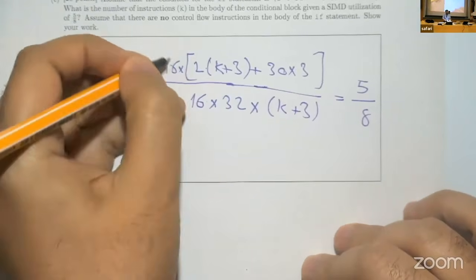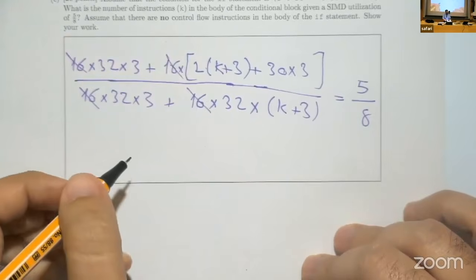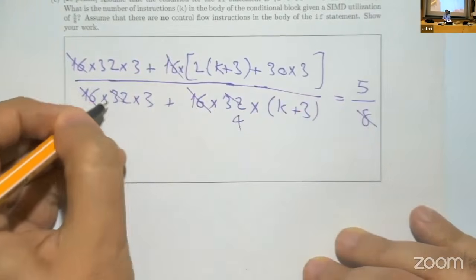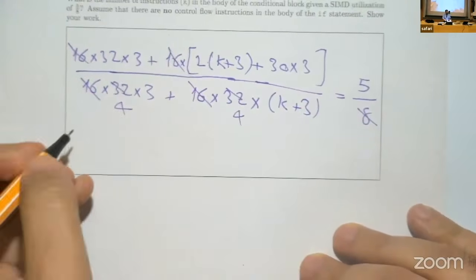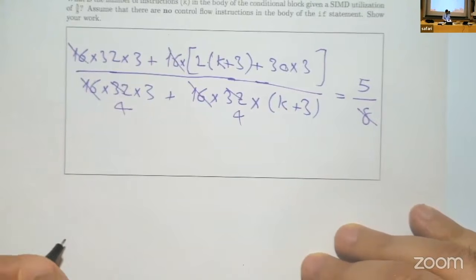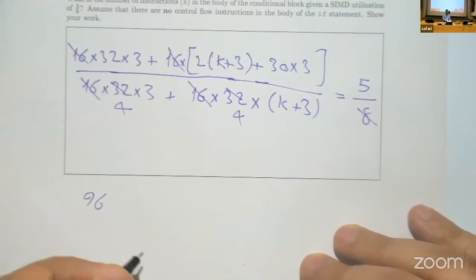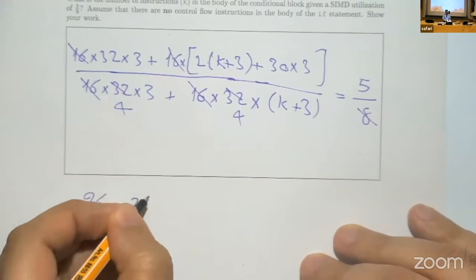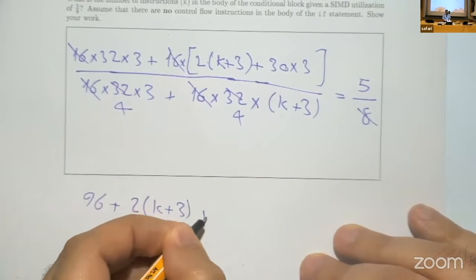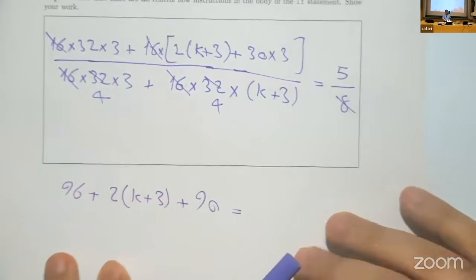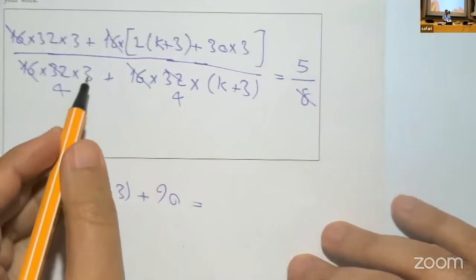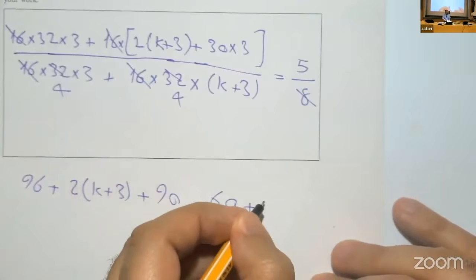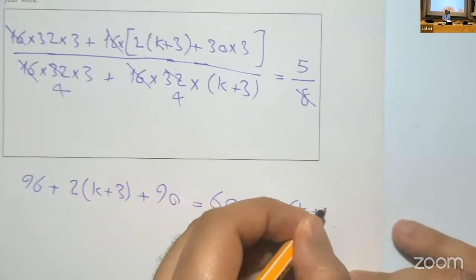So we can cancel out 16. And we can also cancel this 8. This is 4, this is 4. Then we would have, okay, I think right here, 96 plus 2(k plus 3) plus 90 equals 560 plus 20(k plus 3).